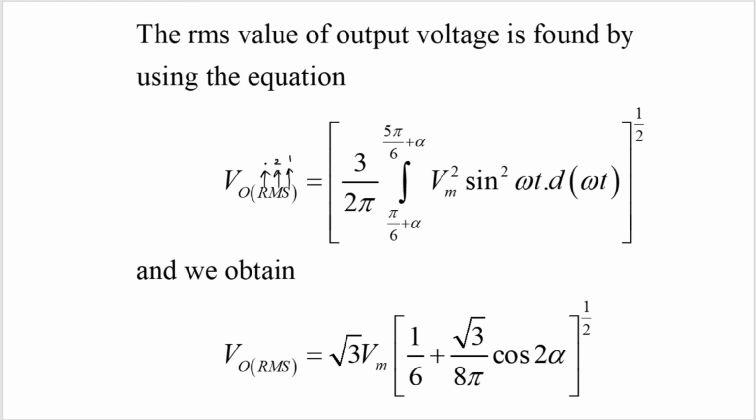So this is how we can find out the RMS value, and you will have to verify that the RMS value is given by root 3 Vm bracket 1 by 6 plus root 3 upon 8 pi cos 2 alpha, to the power 1 by 2. So this is how we can simply find out voltage and currents in case of a 3 pulse converter.